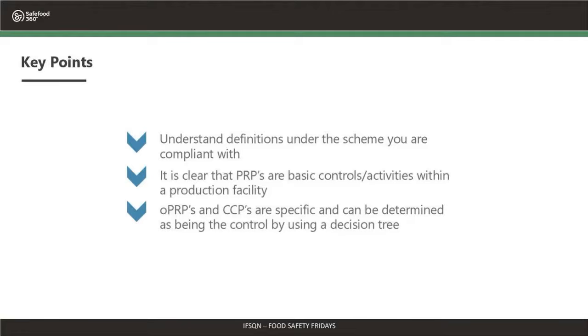PRPs are basic controls or activities within your production facility. As I mentioned, they're like your foundation essentially. And OPRPs and CCPs are hazard specific and can be determined as being the control by using risk assessment and a decision tree.